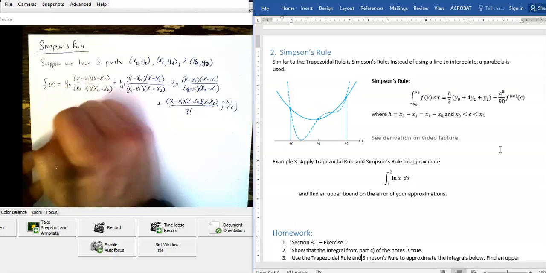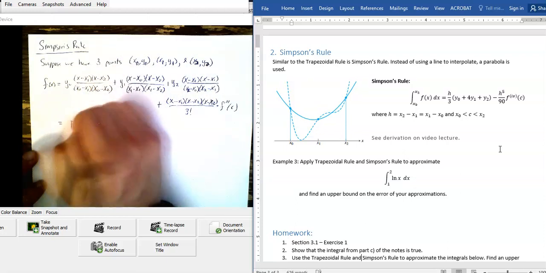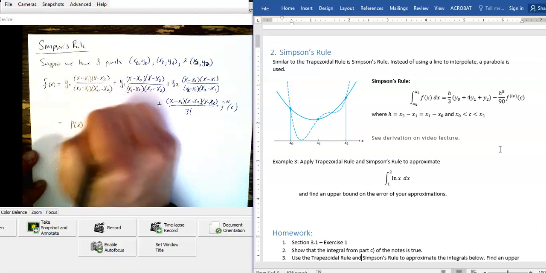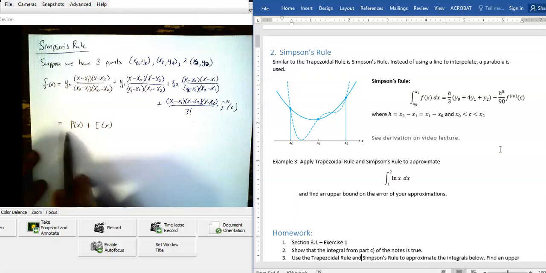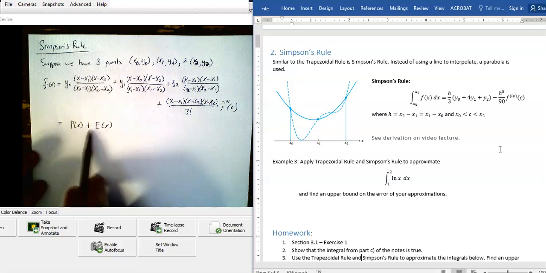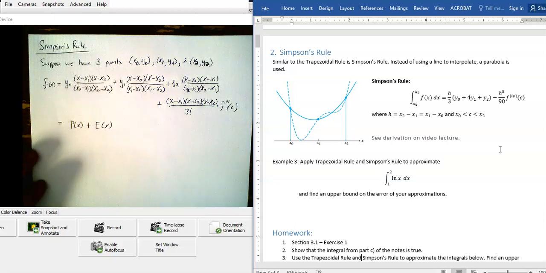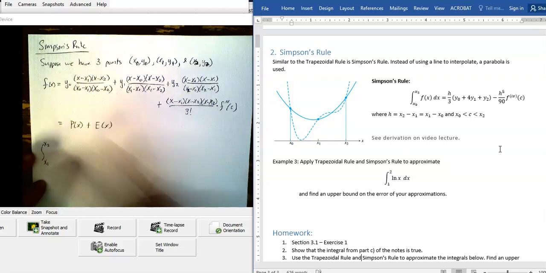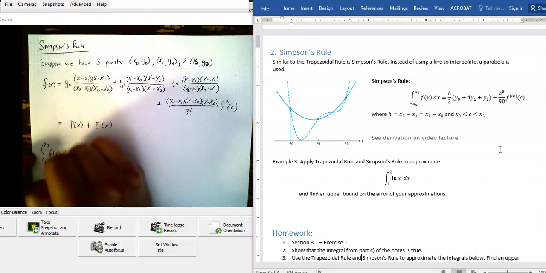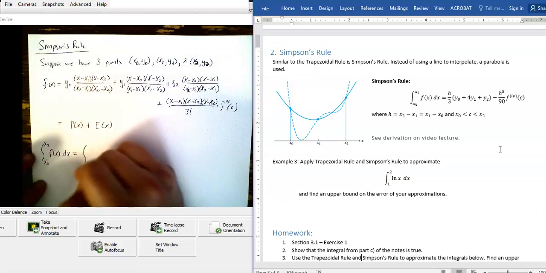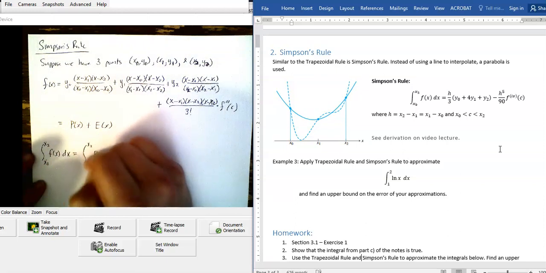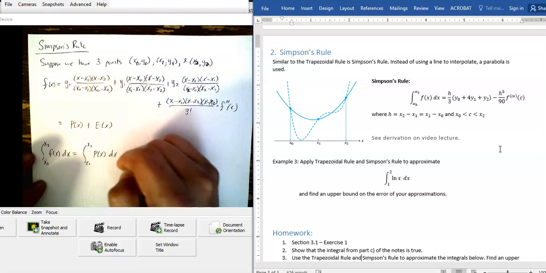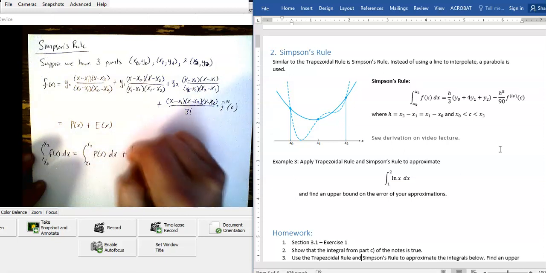Or you could say p of x plus an error. So f of x is equal to the polynomial interpolant plus some error term. Okay, so the integral from x0 to x2 this time, of f of x dx, is equal to the integral from x0 to x2 of p plus the integral from x0 to x2 of e.